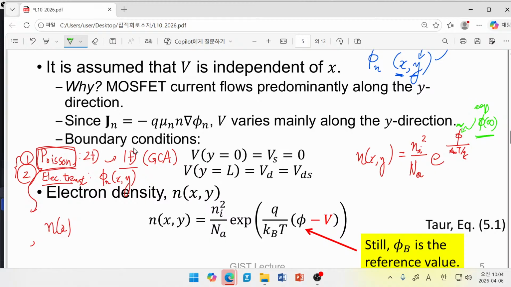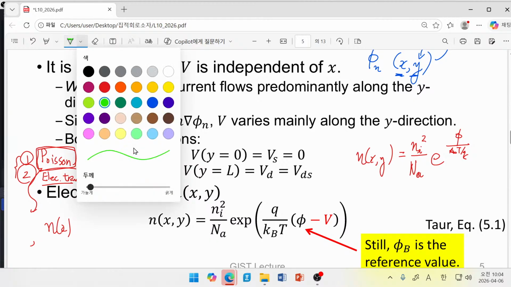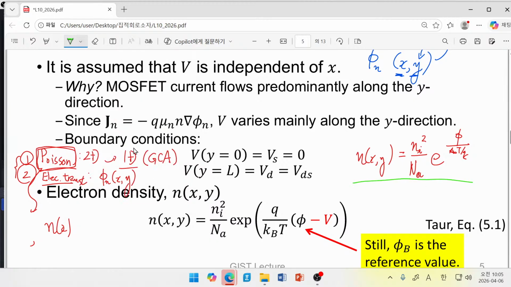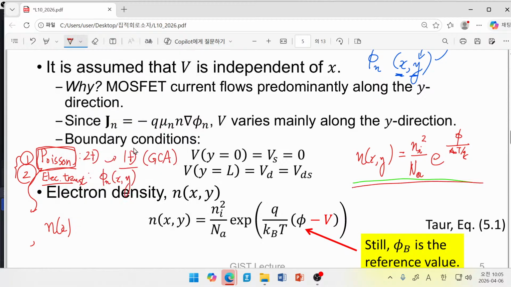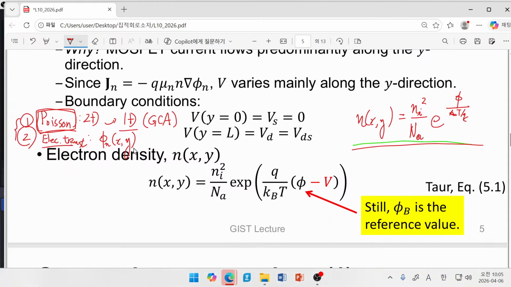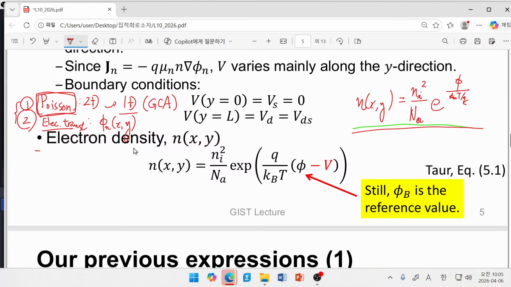Anyway, we are currently using the value referenced to the deep substrate, and that was our previous expression. Then the question is, now we introduce different assumptions for the electron quasi-Fermi potential. Please let me explain a little bit further.